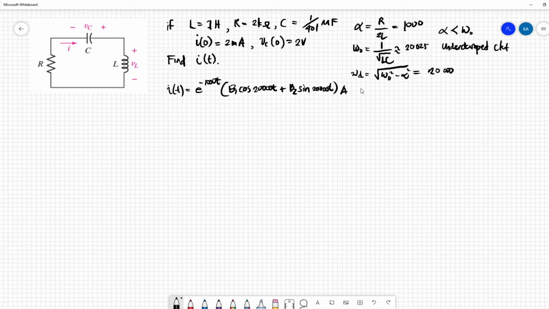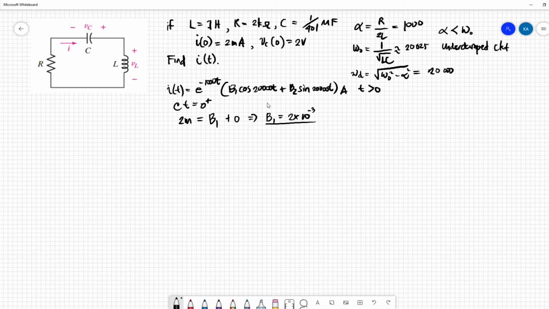So this is the expression for t greater than 0. Now at t equals 0 plus, we have the initial value of I, which is 2 milli, so 2 milli equals B1 plus 0. Our B1 is equivalent to 2 times 10 to the power of negative 3.